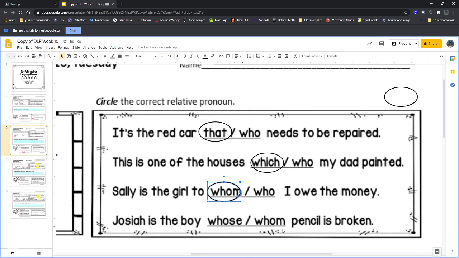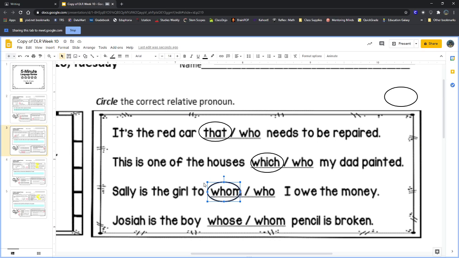What you can do is, if you think about it like a question, think of the words him and her and he and she.